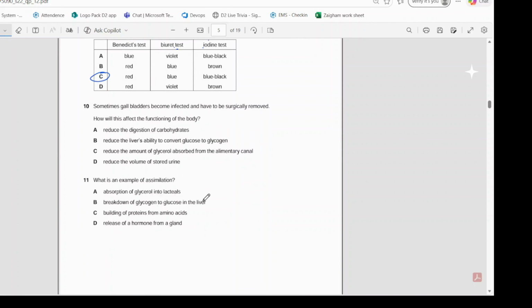Okay. Sometimes the gallbladder becomes infected and has to be surgically removed. So which function would be affected? What is the function of this gallbladder? Bile. And what is the function of bile?